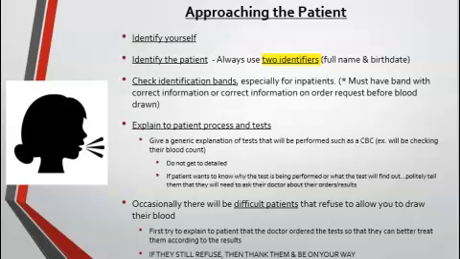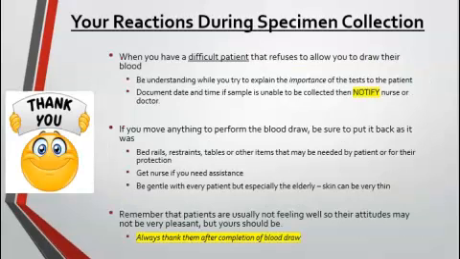So if the patient does end up refusing the blood draw, just be nice, thank them, and be on your way, and just make sure you inform the nurse or the doctor that the patient has refused the blood draw. In addition to informing the doctor or nurse that the patient has refused the blood draw, you need to document the date and time and the sample that was supposed to be collected.